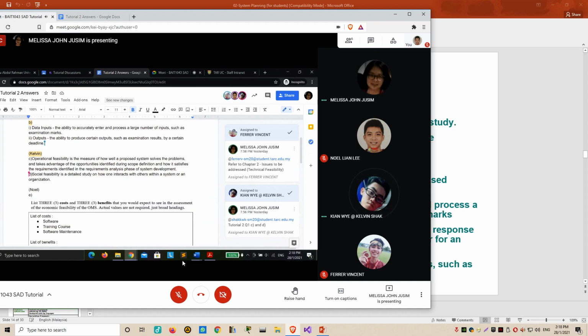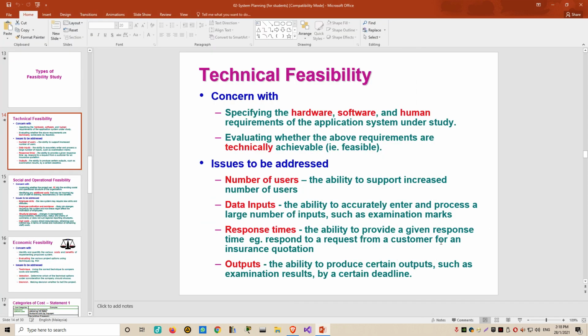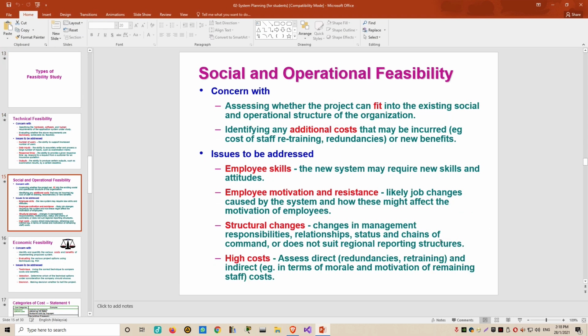So what kind of issue, what is the impact of this on the markers? Time consuming, right? Very tiring, not efficient. So yeah, correct.